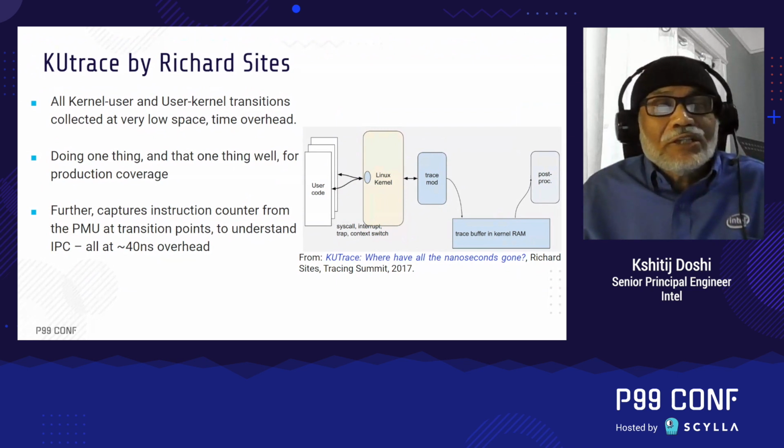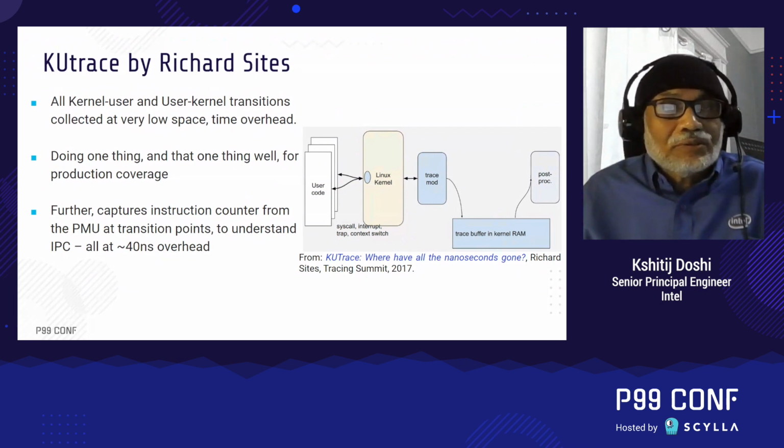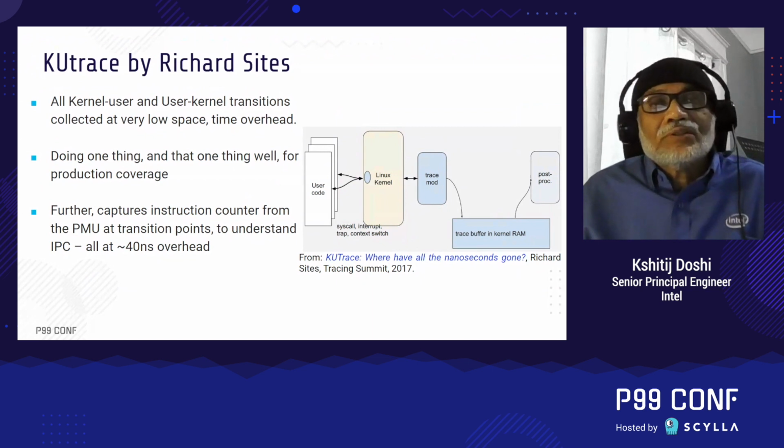Now, when collecting these events, what Dick Sites does is he also collects a significant amount of ancillary data. He collects, first of all, the reasons for these transitions. They include system calls, traps, page faults, disk wake ups, network wake ups, and so on.